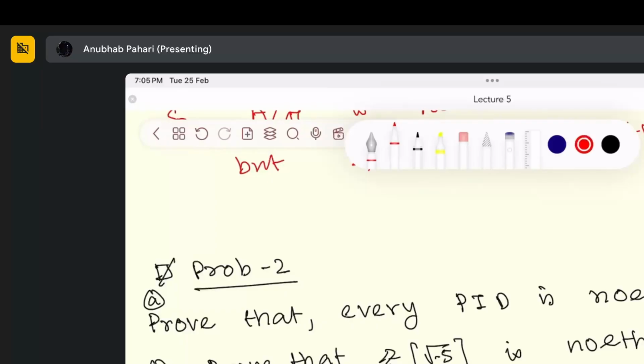If A1, A2, A3, ... is a chain of ideals of the principal ideal domain R, then A equals the union of Ai is an ideal.